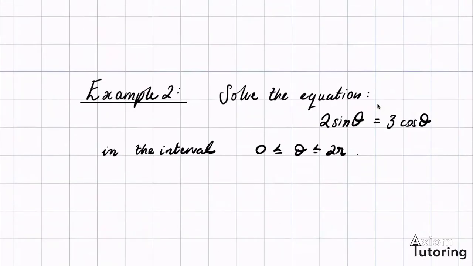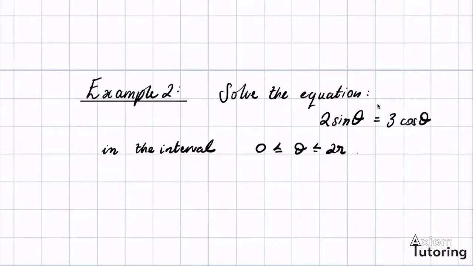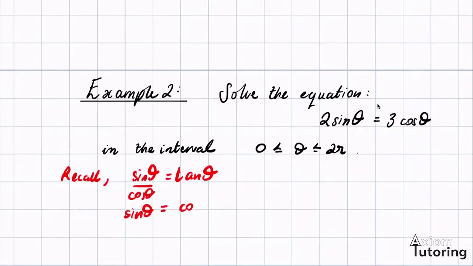So here we want to solve the equation 2 sine theta equals 3 cos theta. From our first video, recall that sine theta over cos theta equals tan theta. We can rearrange that to give sine theta is equal to cos theta tan theta.